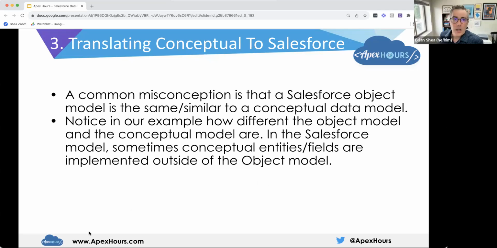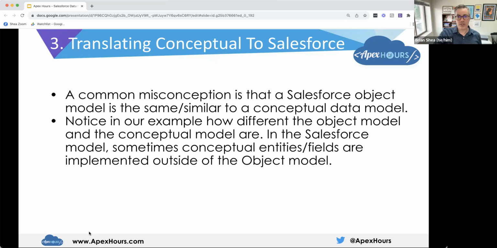So a few points to call out here. Repeating a few points. Number one, a common misconception is that the Salesforce object model is the same or similar to a conceptual data model. Obviously, from our previous example, we've seen where they can be quite different.